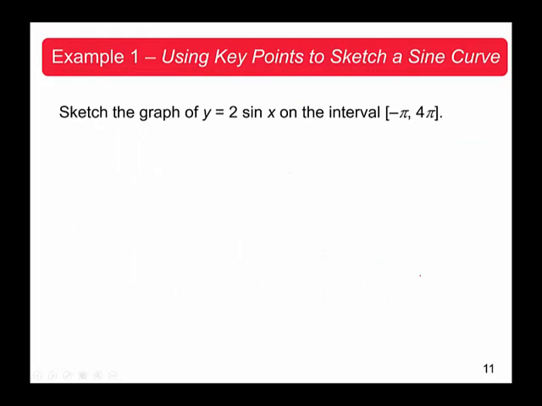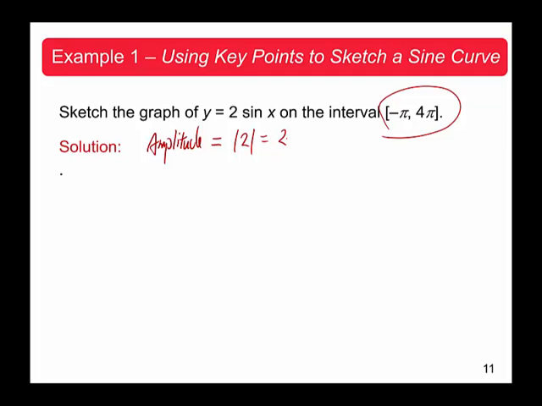For example, let's say we have y equal to 2 sine x. You want to graph it on the interval negative pi to 4 pi. So first of all, we need to look at the amplitude. Amplitude is the number in front of the sine x, so take the absolute value of that, it becomes 2.